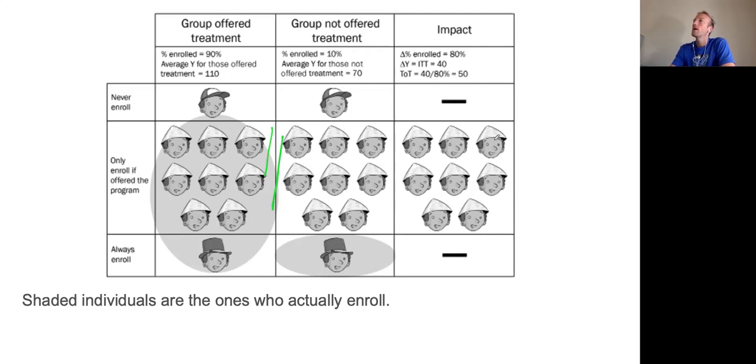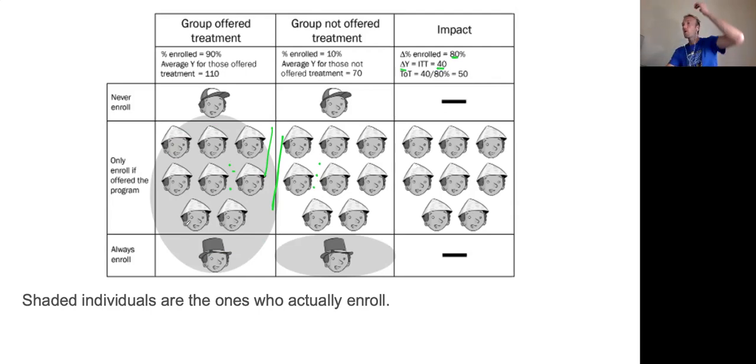So here's what I do. I just look at the percent of the people that are enrolled, and that's 80% right here, because 80% do it. And let's say that I measure this group's outcome, whatever it is, Y, and then I measure this group's outcome, and I find that the delta Y, or the difference in the Ys between the two, is 40.